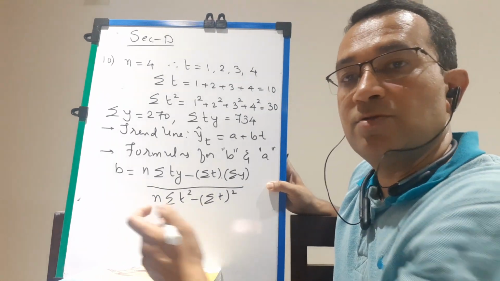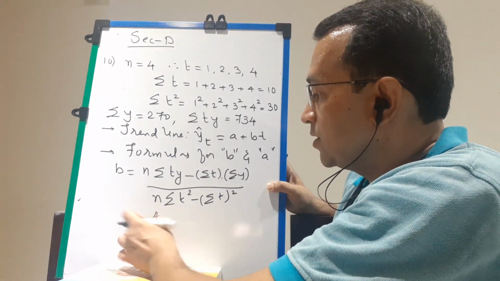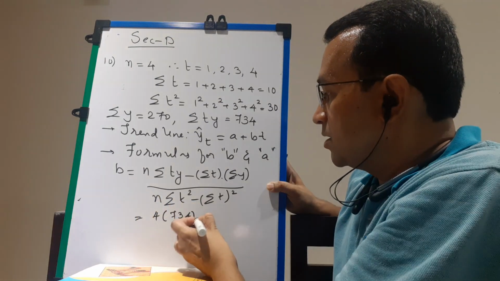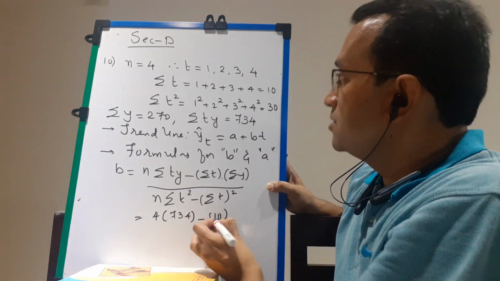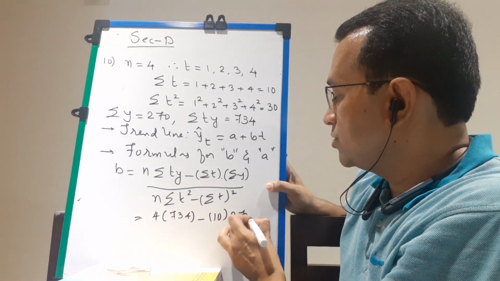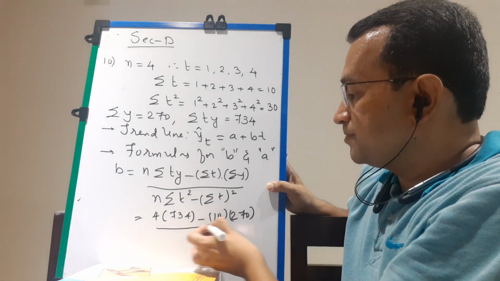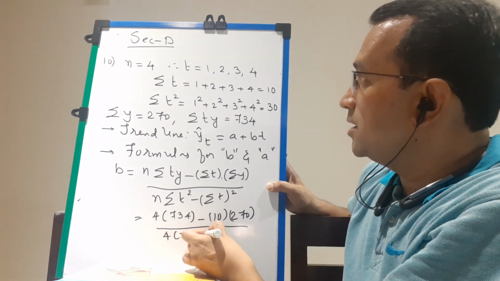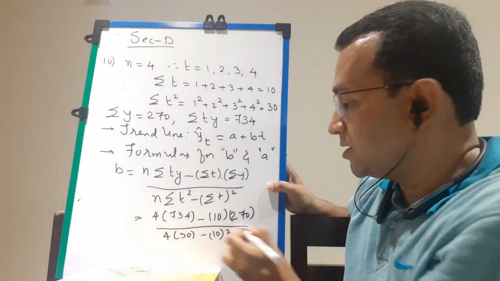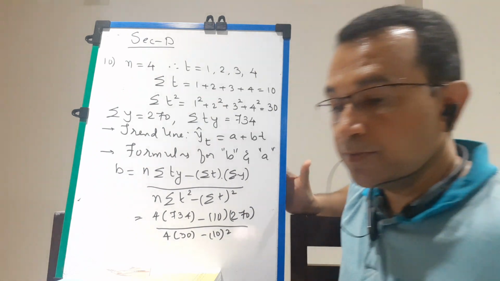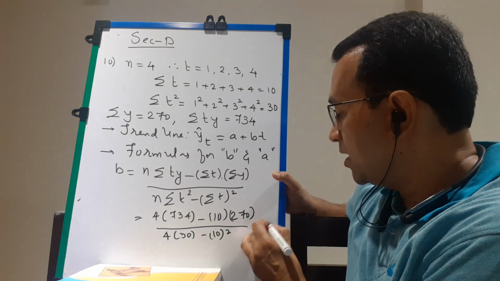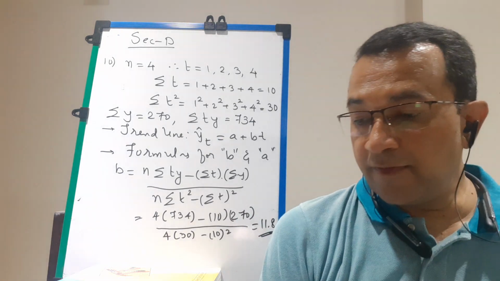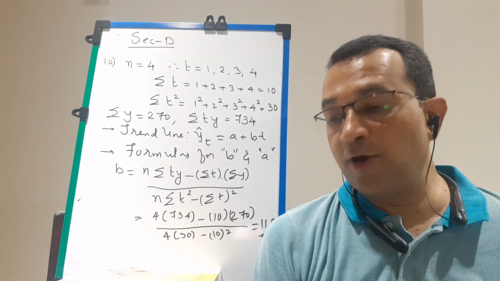So students, substituting the values, n is 4, sigma ty is 734, sigma t is 10, sigma y is 270 upon n is 4, sigma t square is 30 and sigma t the whole square is 10 square, which is 100 students. So simplifying, this turns out to be 11.8.